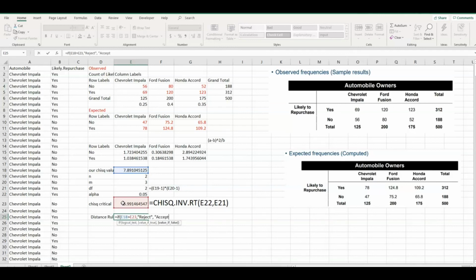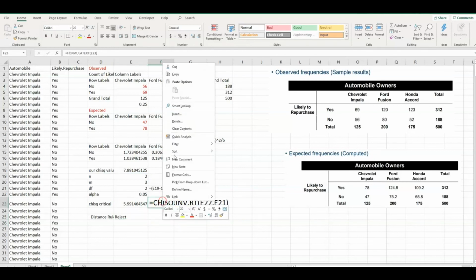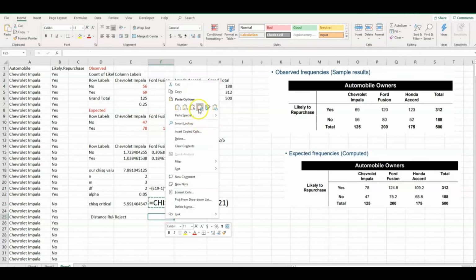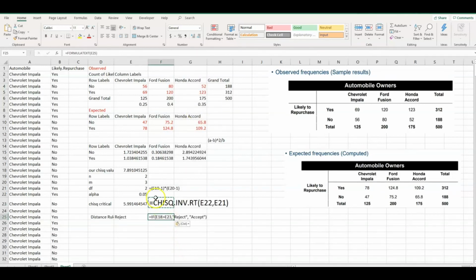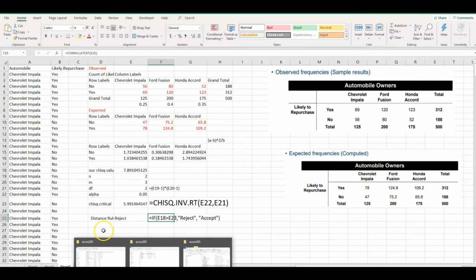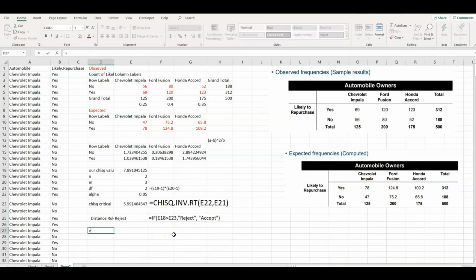Otherwise, we accept. Obviously, we reject because 7.89 is higher than 5.99. It suggests it's different, it's not homogeneously distributed.